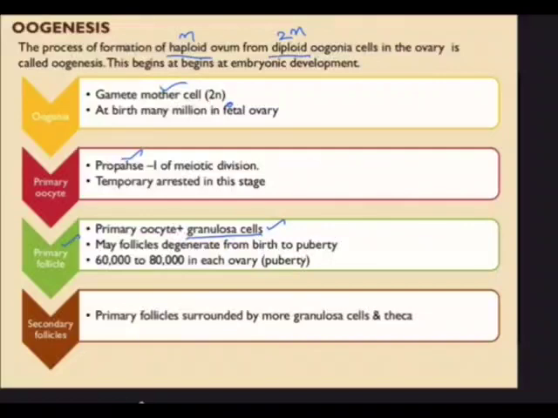In secondary follicles, the primary follicle is further surrounded by more granulosa cells and thick layers around it called theca.